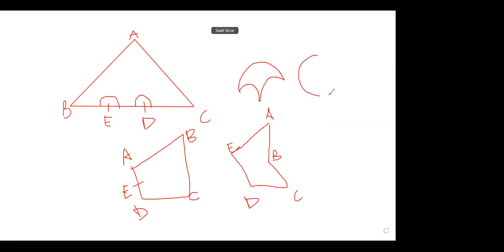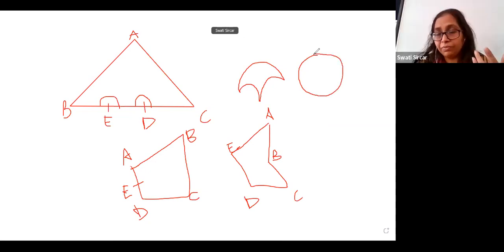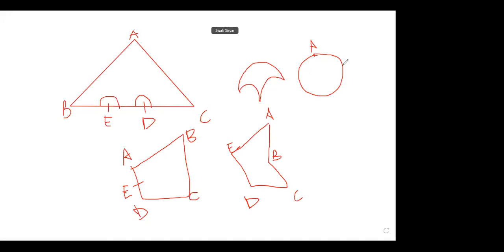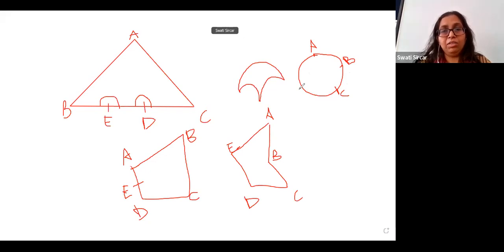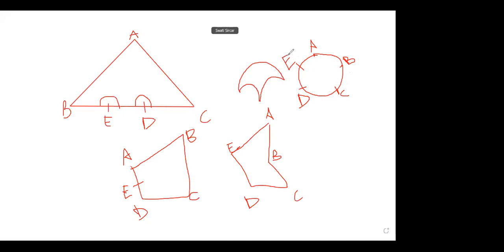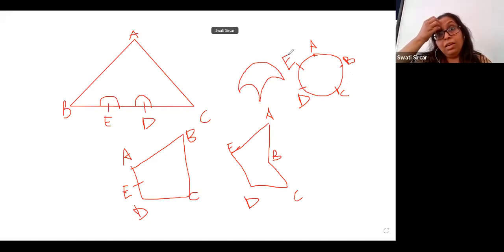See, the problem is if you allow curved lines to be a triangle, then this thing becomes a triangle. And a quadrilateral. And a pentagon and whatever you want it to be. You can add an infinite number of vertices. Exactly. So a circle can become anything and everything.